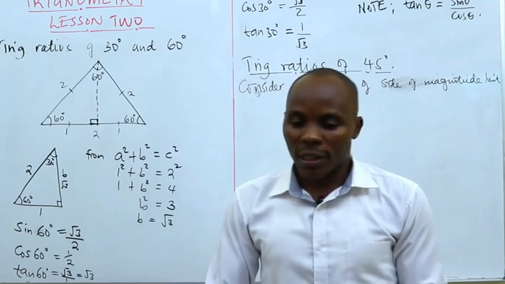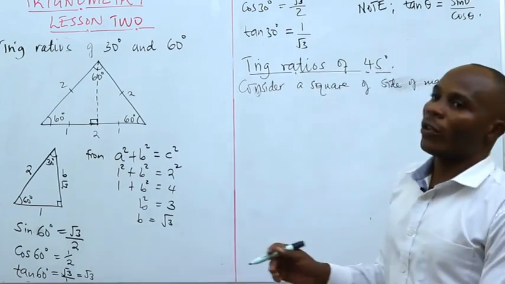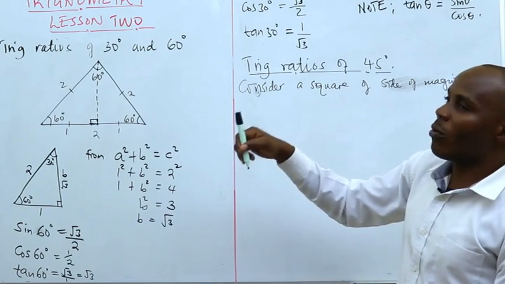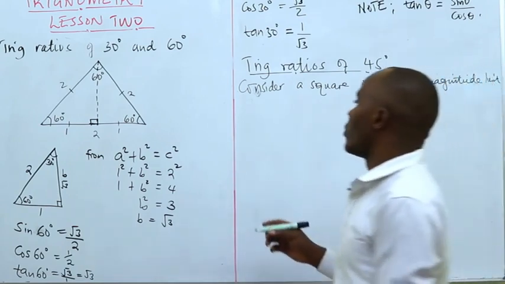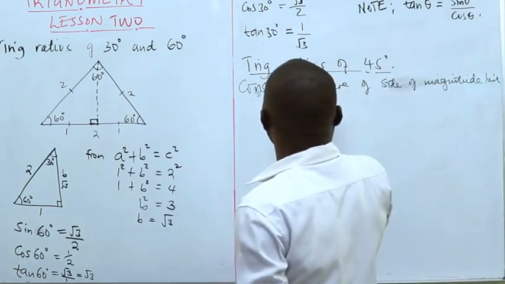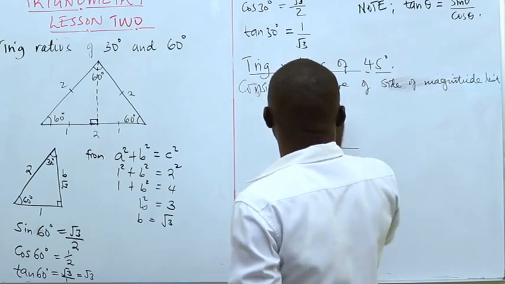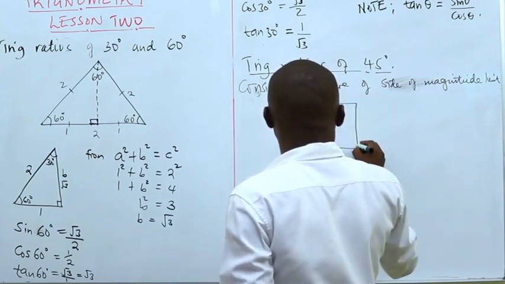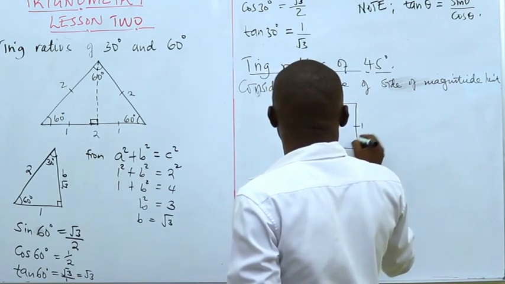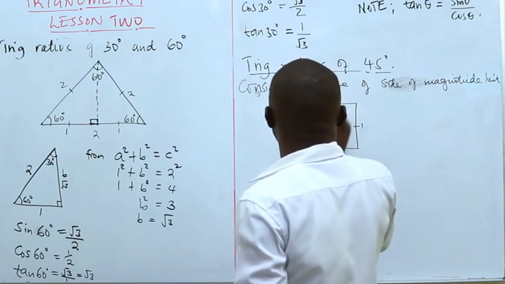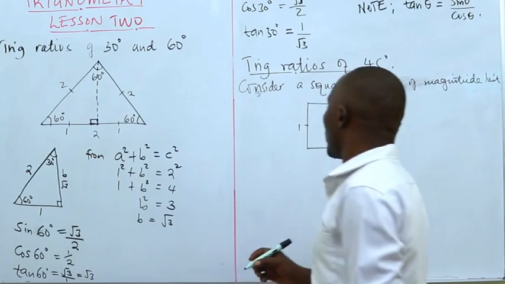Then secondly, since it is a four-sided figure, the total angle sum of that figure is 360 degrees. So if it is a square and it is a four-sided figure, they have told us we have 1, 1, 1 there.